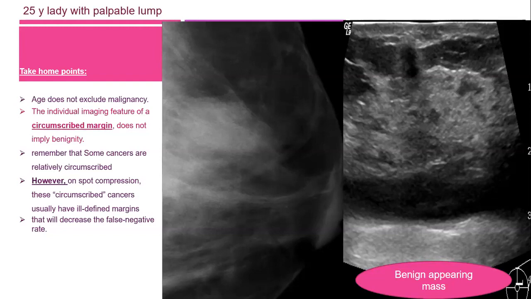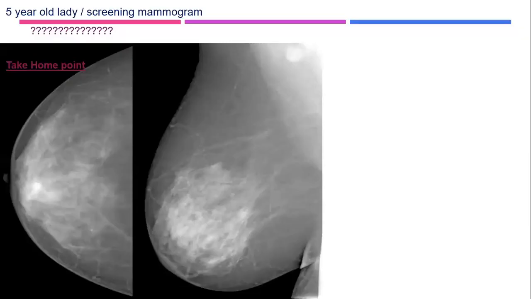Usually those lesions, when we do a spot magnification view or ultrasound, will appear not to be really circumscribed, as in this case. We have to proceed and work it up to avoid missing cancer.